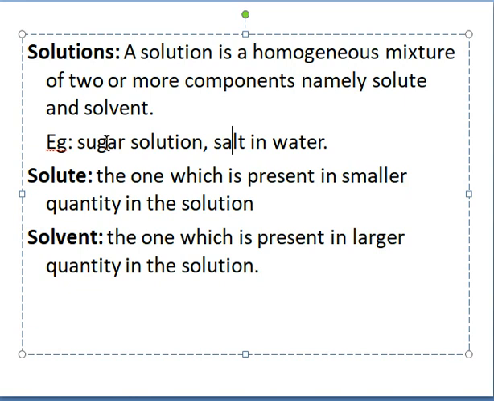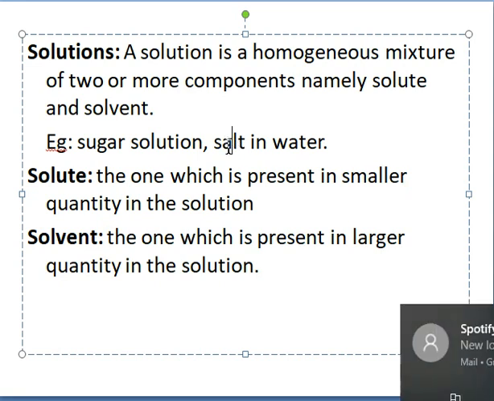So in that, the sugar is the solute, whereas the one which is present in larger quantity is known as solvent. There water is the solvent. Similarly, in salt water, water is present in larger proportion, so it is known as a solvent, and salt is present in lower proportion, hence it is known as solute.